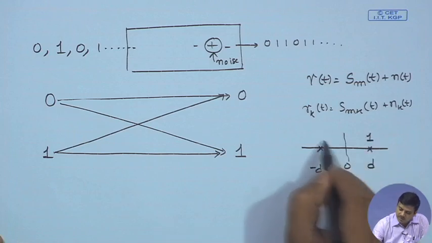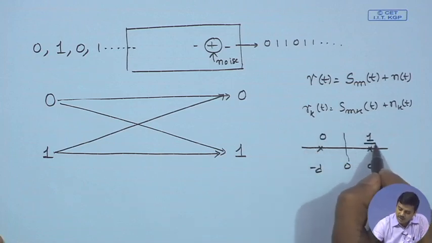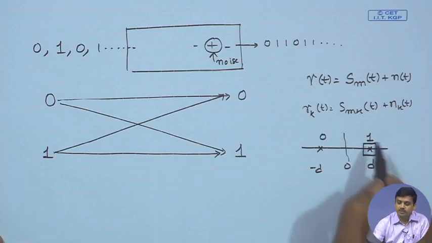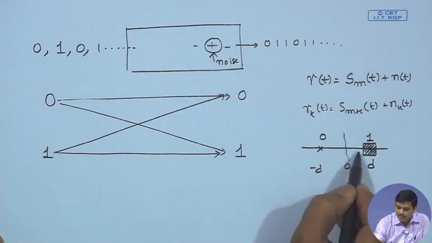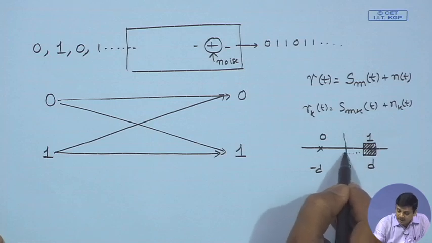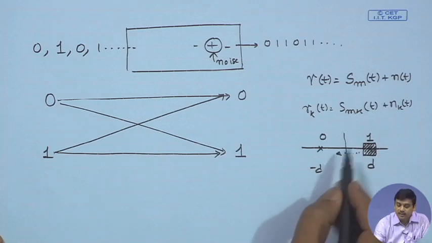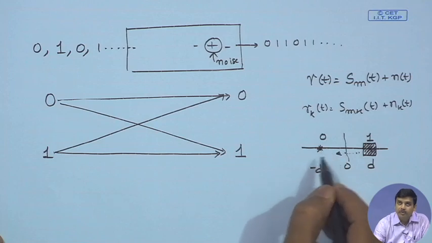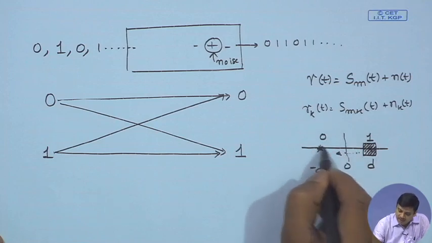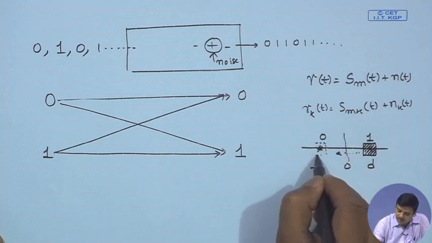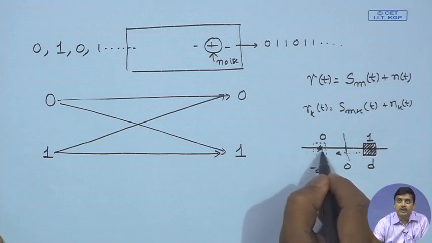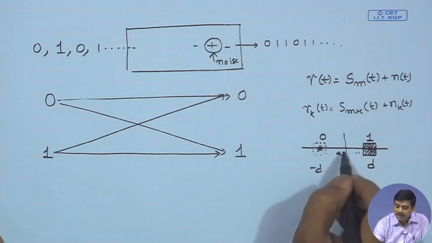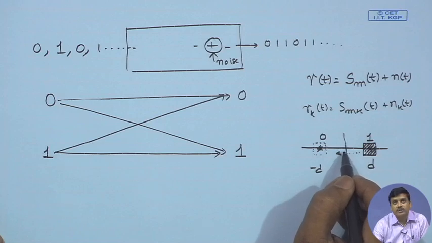Suppose I map this to 1 and this to 0, and we have selected this for transmission. If the noise is strong enough, a negative value, and it shifts to this side, then the MAP or the ML detector would detect the received signal as possibly a minus d or a 0. So, in that case an error happens, and this is what we have discussed earlier.